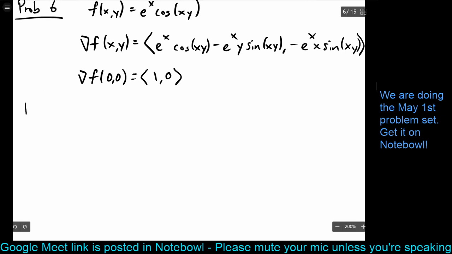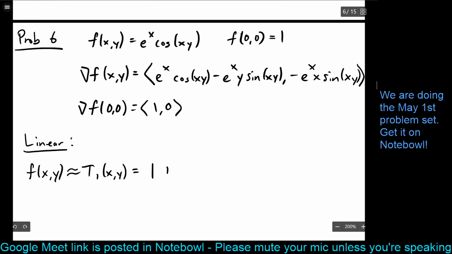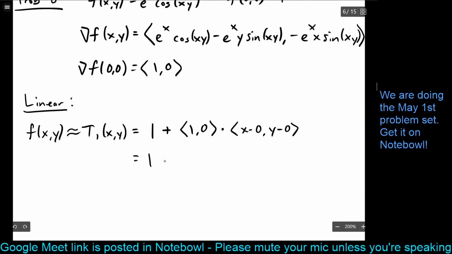So that means the linear polynomial f of xy is approximately, which I'll call t1 of xy. We actually need to plug in 0, 0 into the function, which is 1. So this is going to be 1 plus the dot product of 1, 0 with x minus 0, y minus 0, which in this case is 1 plus x plus y.